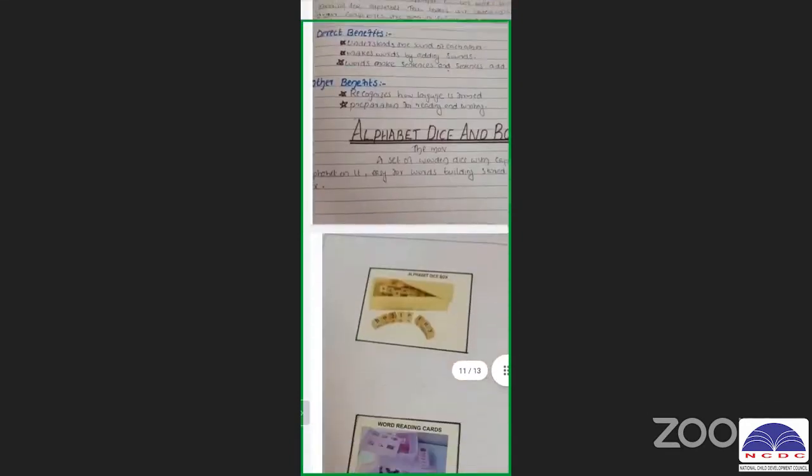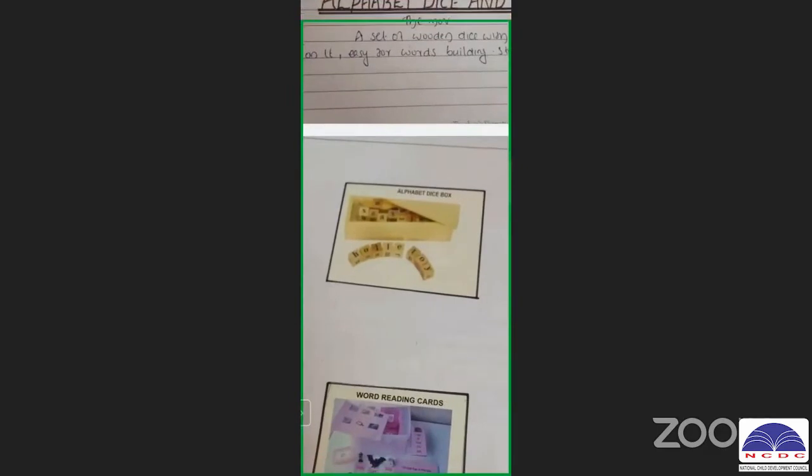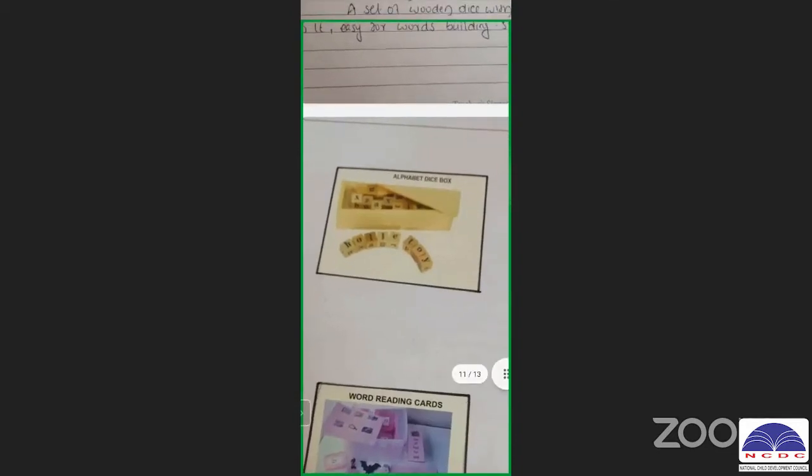And the next one is the alphabet dice box. Alphabet dice box is also a set of wooden dice with a capital and a small letter alphabet. It is also for building words or sentences. From this activity their eye and hand coordination will be improved.